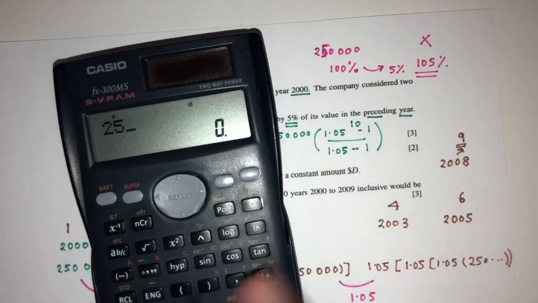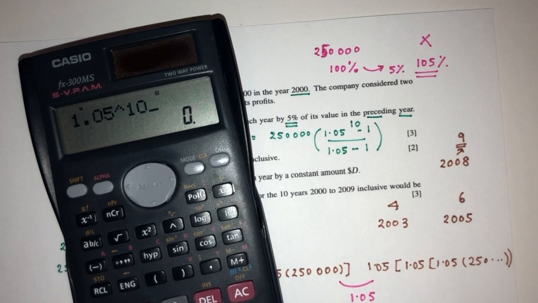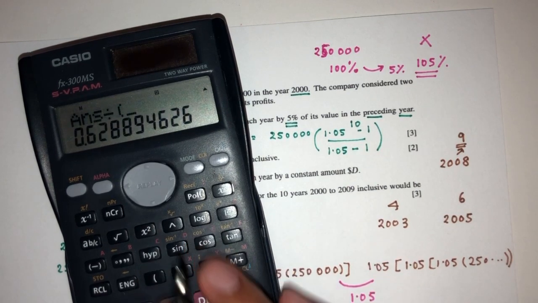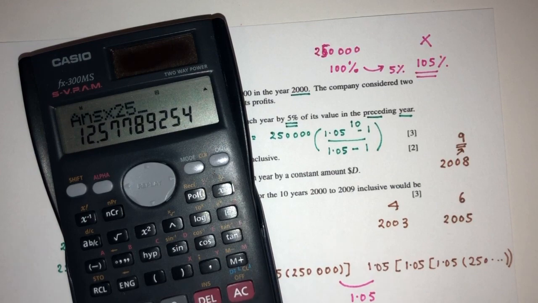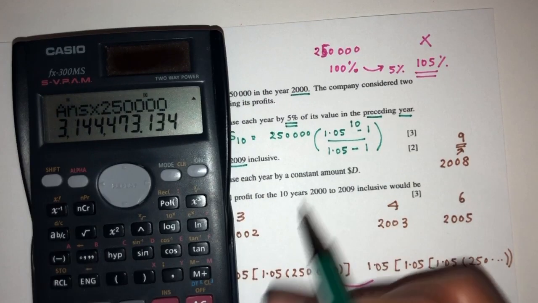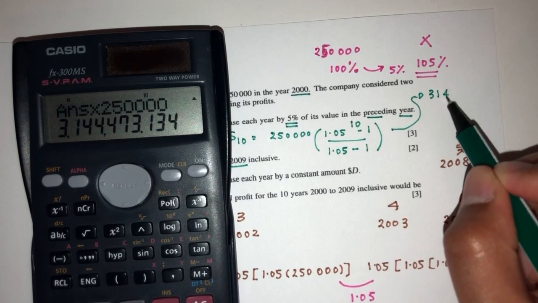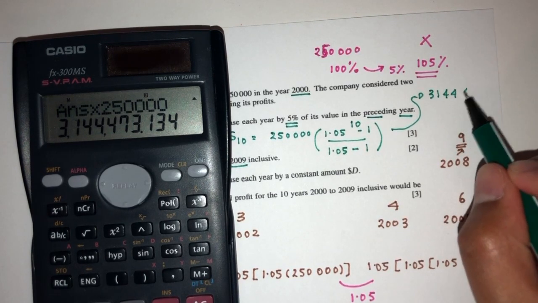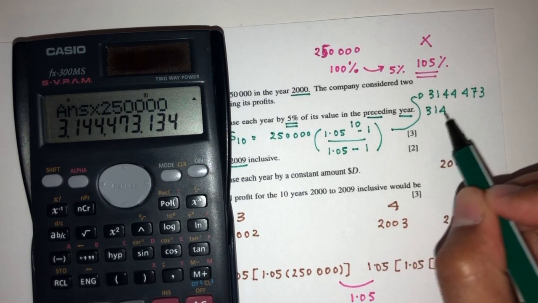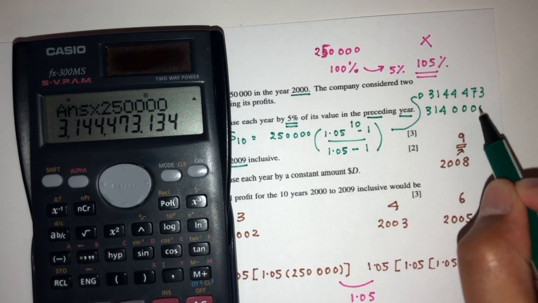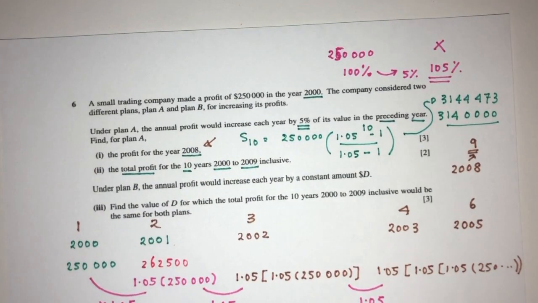That is 250,000 times (1.05 to the power 10 minus 1) divided by 0.05, which should be 3,144,473. Correct to 3SF, that is 3,140,000. That is the value of the profit over 10 years.